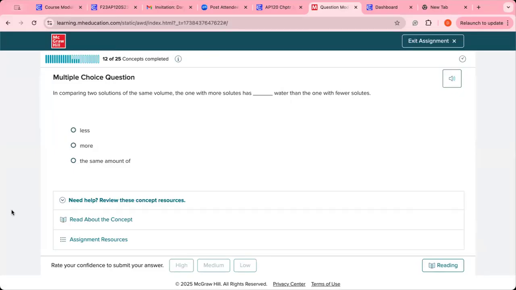I don't think the volume changes. But let's keep reading because we haven't read anything about volume yet. But I don't think the volume changes. I think the concentration changes, but not the volume. That's what I think.